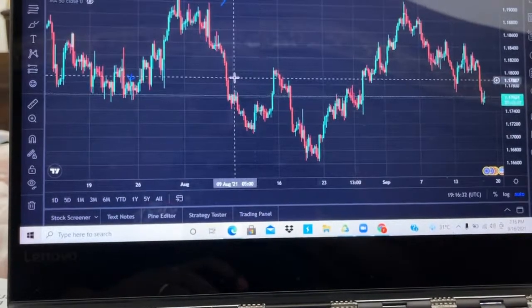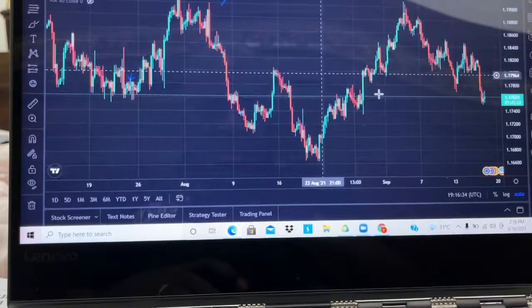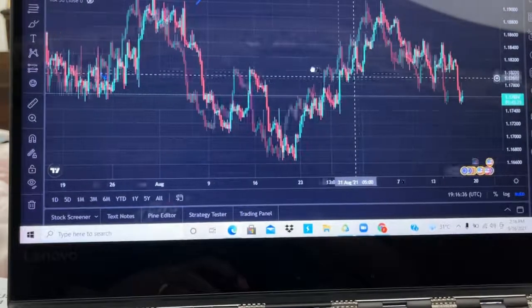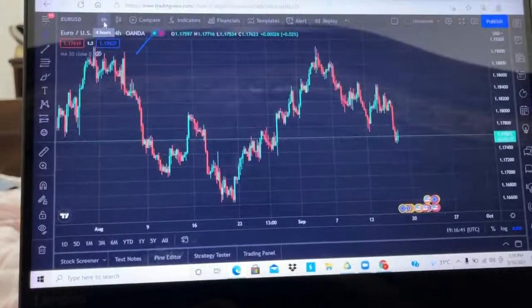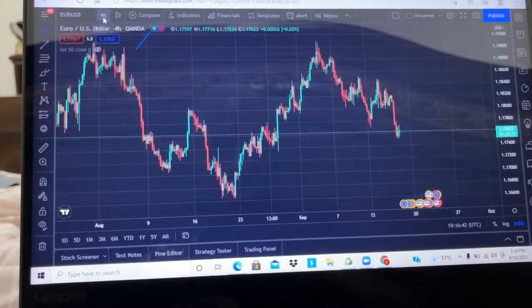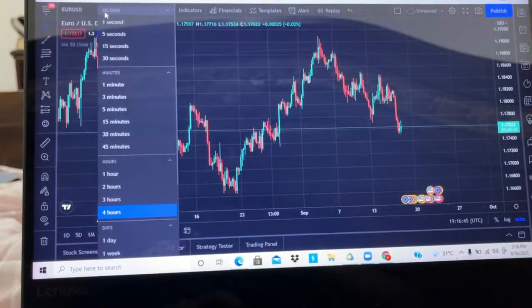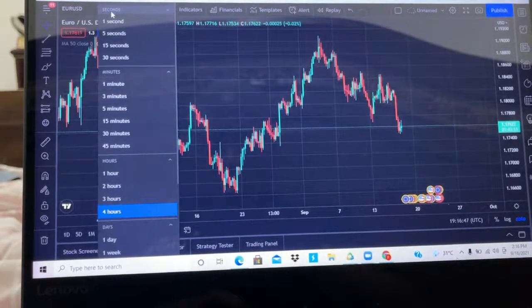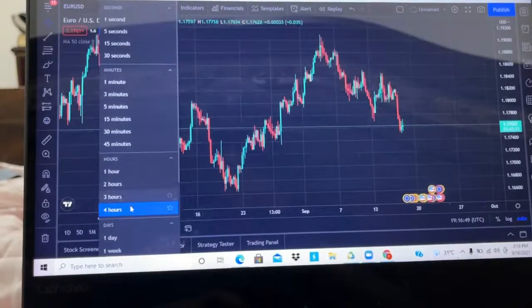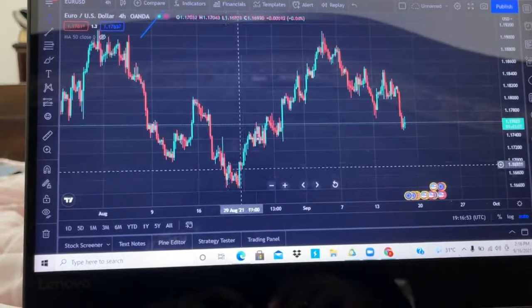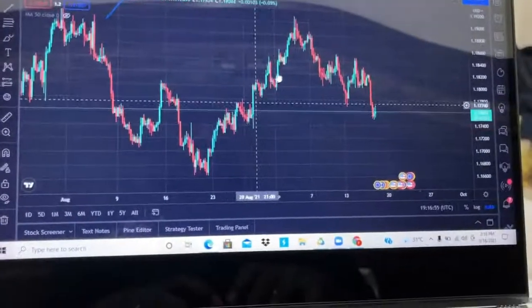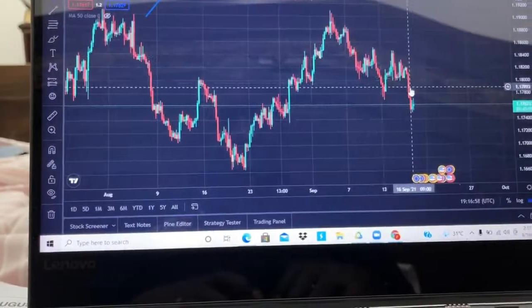Now, in addition to identifying the support and resistance, the first thing we will normally do is put it on a time frame, which is how the candles are forming in the market. So let's say we did 4 hours. These candles would represent every 4 hours in the market.